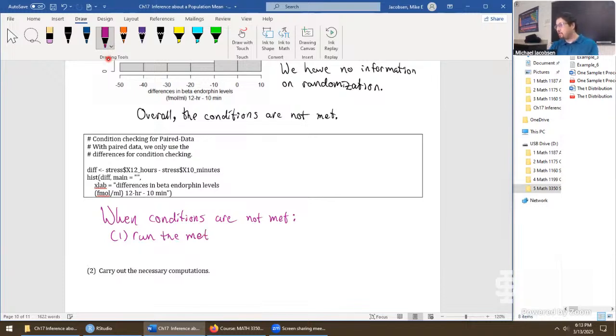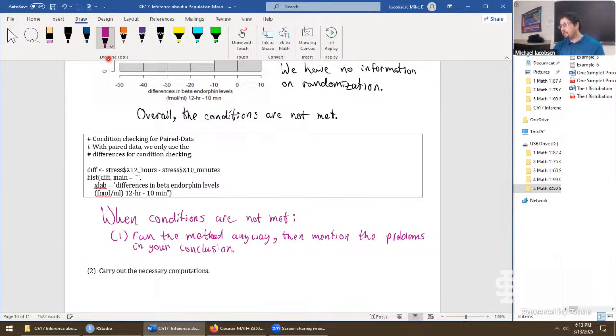Run the method anyway, then mention the problems in your conclusion. And like I mentioned, that probably doesn't sit well with some people in this class. It just feels weird to do a method that you know is not effective. Why do it at all? It's for the purpose of just learning how it goes.